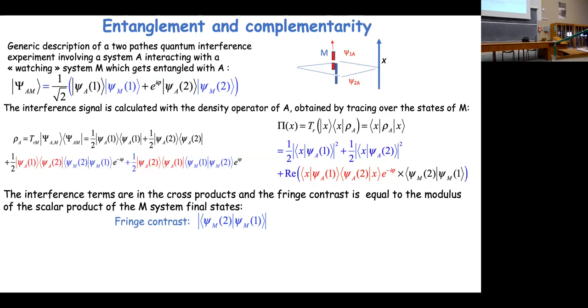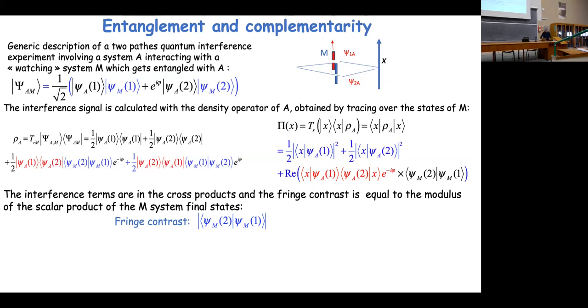And what you see also, which is very important, is that you don't have to measure or look at what happens in the environment. The mere fact that in the environment the two states become orthogonal to each other is enough to make sure that you won't see the fringes. So you don't have to make an active measurement. You just have something happen in the other system which makes the two states orthogonal, and then you have no fringes left.